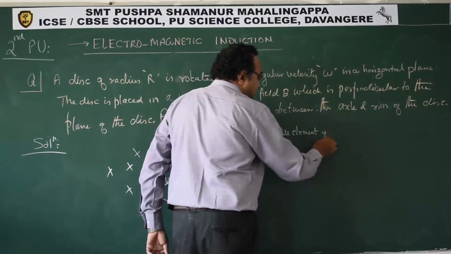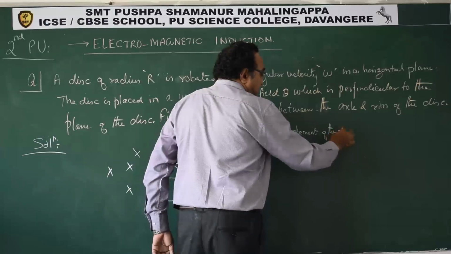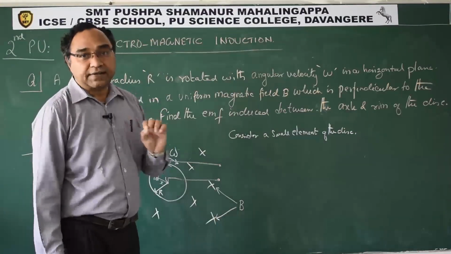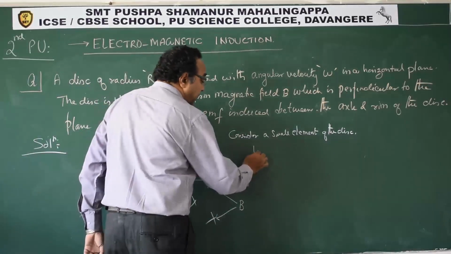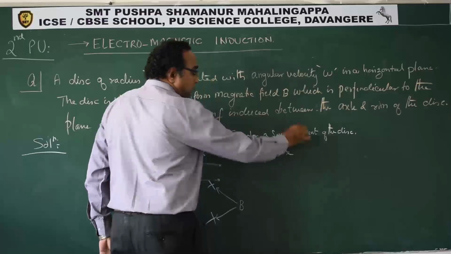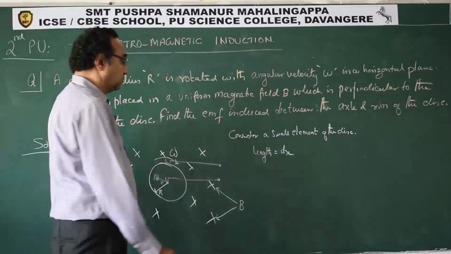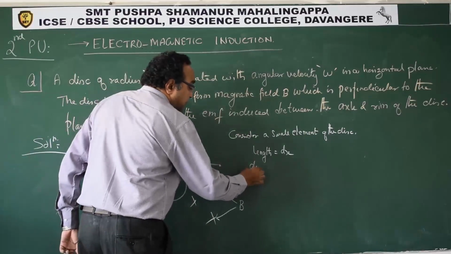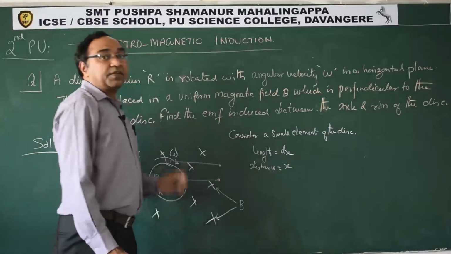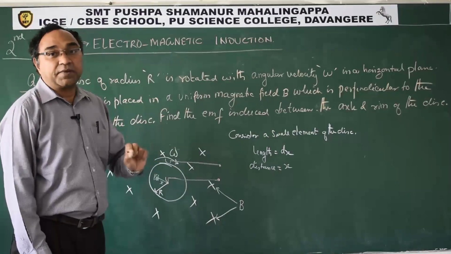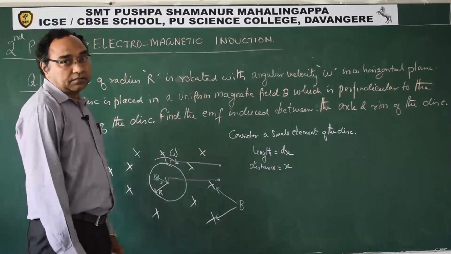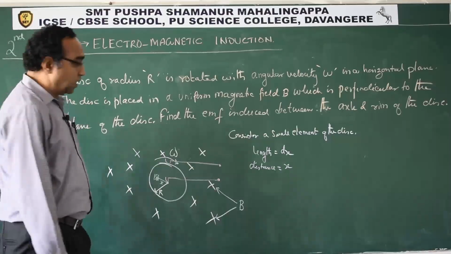What should be the features of that element? Length dx, the length of the element. Distance: this is the distance of the element from the axis of rotation, that is x.